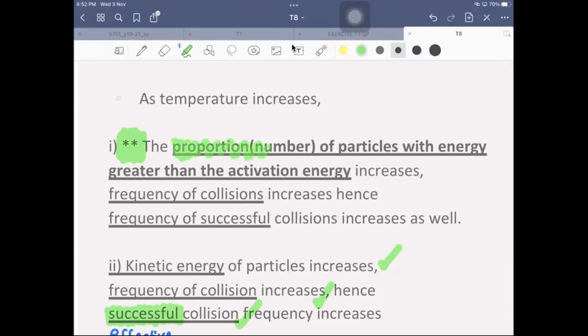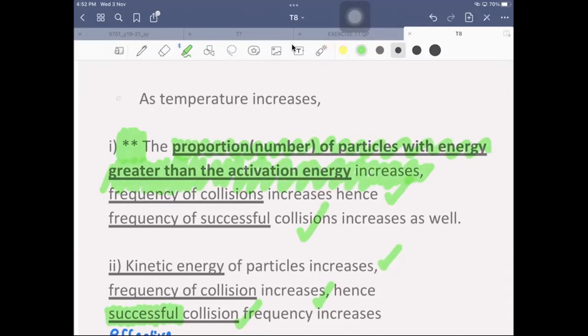So this whole thing is or must be highlighted. Okay, you cannot leave that out in your answer. Must be a full complete answer like that. Okay, now that you have more particles having enough energy, your collisions will increase. Successful collisions will increase, therefore your rate increases.